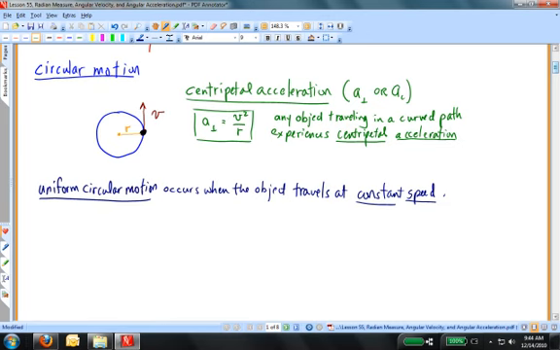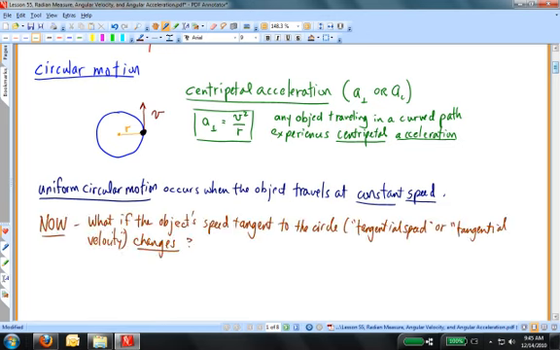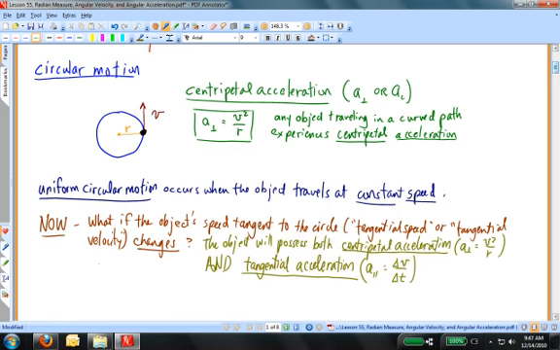In this lesson, now we take up what happens if the circular motion is not uniform. What if the object is not traveling at a constant tangential speed? If the tangential speed, or the tangential velocity, is not steady, then not only is there centripetal acceleration, but there will also be tangential acceleration. This tangential acceleration is going to be equal to the change in the tangential velocity divided by time.